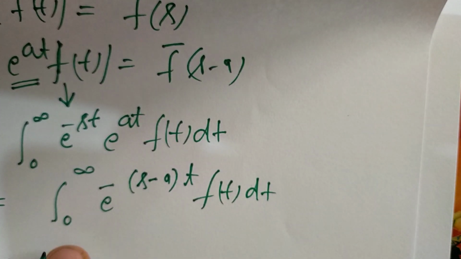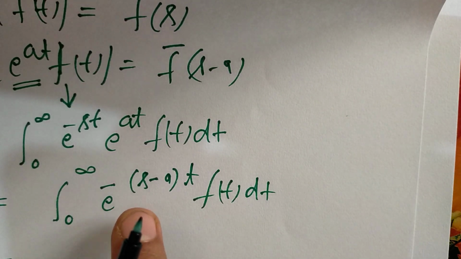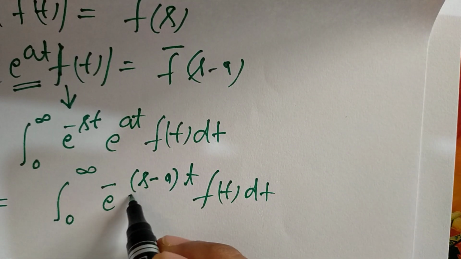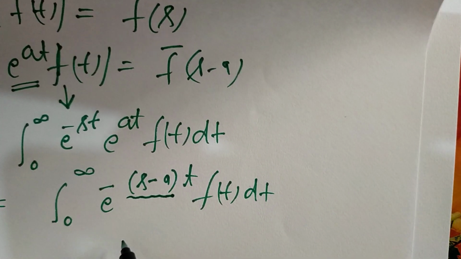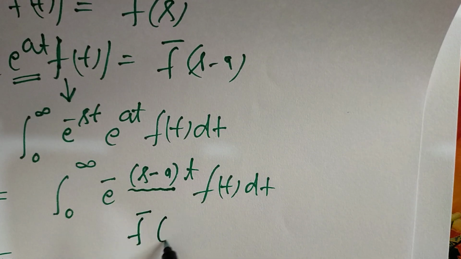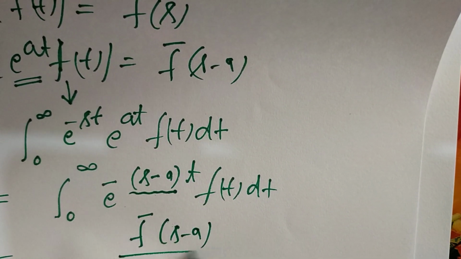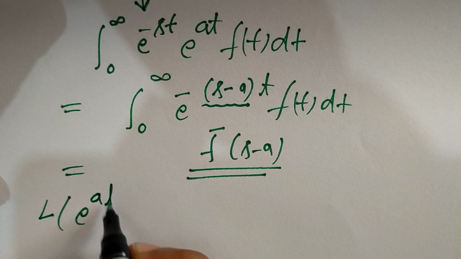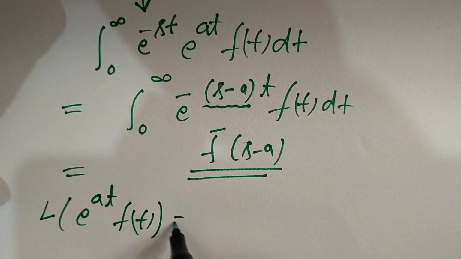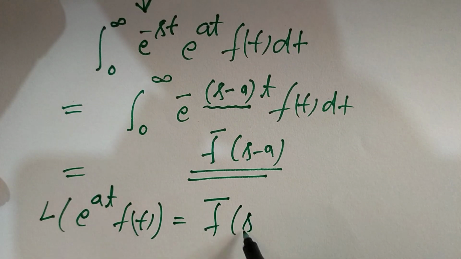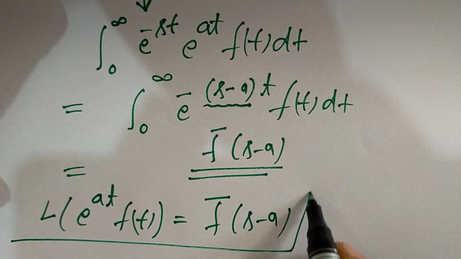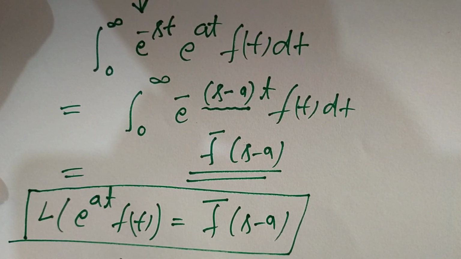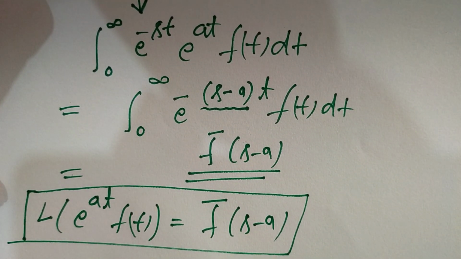Here we have integral e power minus (s minus a) t f t dt. So this s minus a is the parameter here, so this will be F bar of s minus a. So Laplace of e power at f of t equal to F bar of s minus a, where F bar of s is the Laplace transform of f of t.